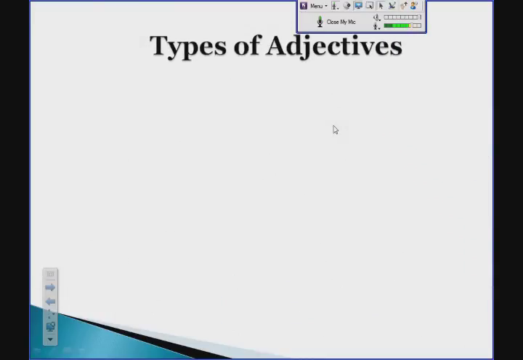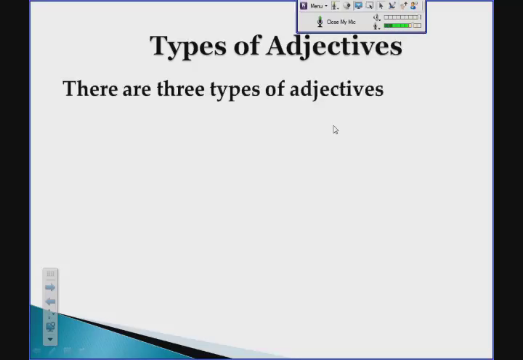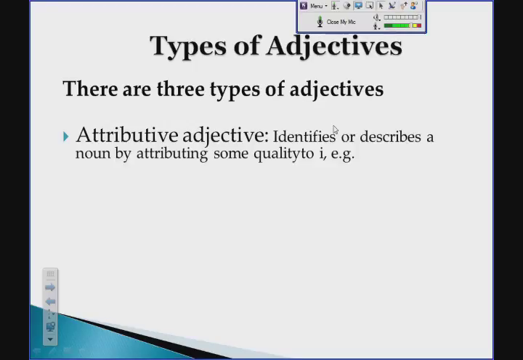Now we come to the types of adjectives. We have three types. There are three types of adjectives in Greek. And what are they? The so-called attributive adjective.